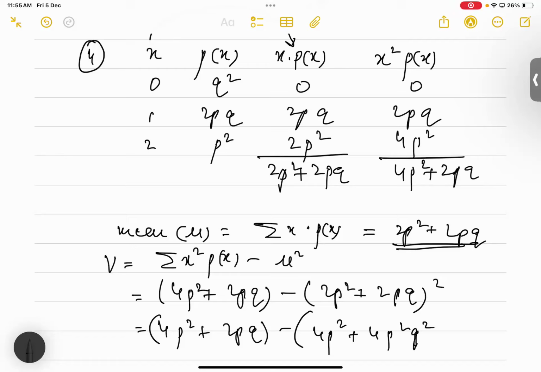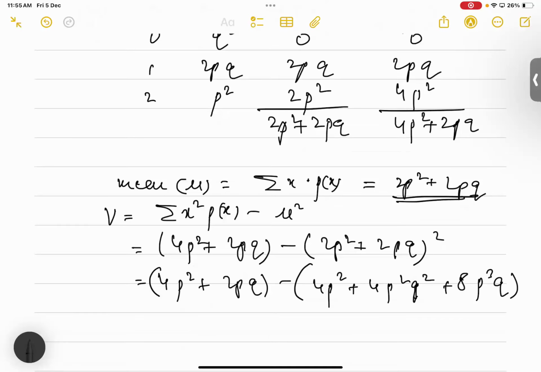Correct na guys? Plus 8p cube q. Yes or no? Okay, so 4p square is gone. So we are left with 2pq plus 4p square q square plus 8p cube q.